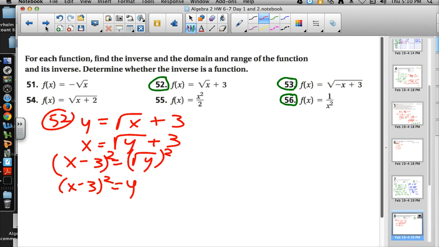Now on that one, we'd probably be pretty safe just leaving that as y equals x minus 3, the quantity squared. And I'm going to put some function notation. I didn't do that with any of the other ones, but I'm definitely going to put that here this time. So, domain and range of the function, well, up here.